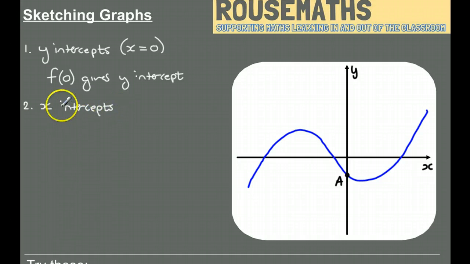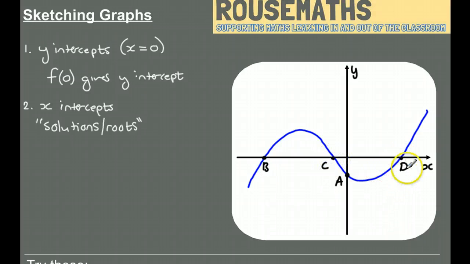Now, they might be known as solutions or roots, particularly with cubics or quadratics. And they occur on the x-axis. So here we've got, if I call them B, C, and D, and they can be found along the x-axis, which means that the y-coordinate is always 0.